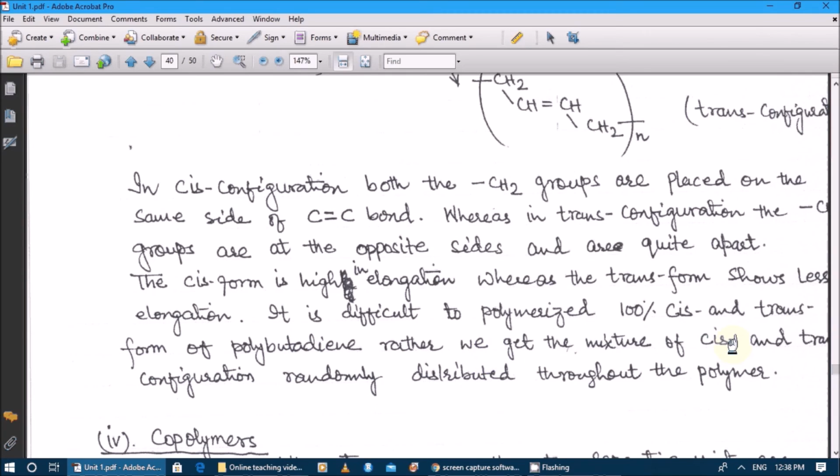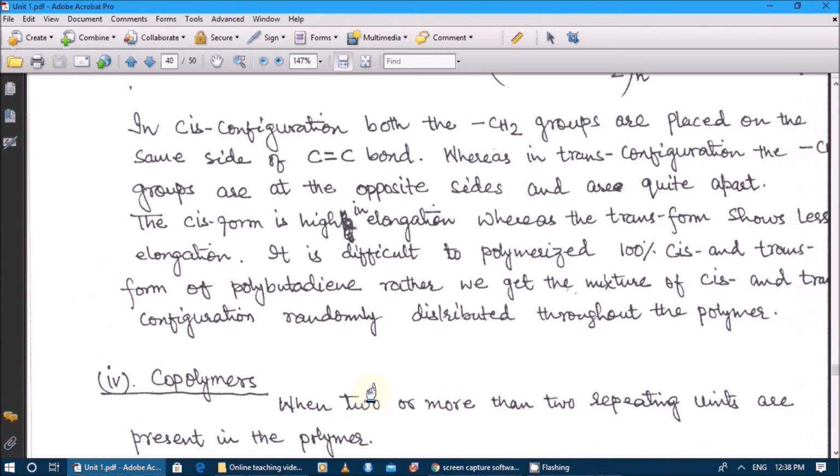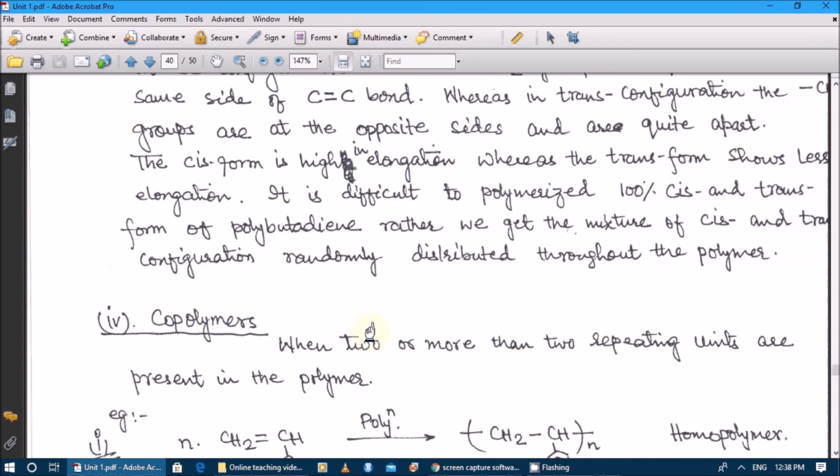Rather, we will get a mixture of cis and trans configuration randomly distributed throughout the polymer. So it is very difficult if you want to make 100% cis polybutadiene or 100% trans polybutadiene. During the polymerization, both will form, okay, and they will be randomly distributed throughout the polymer.